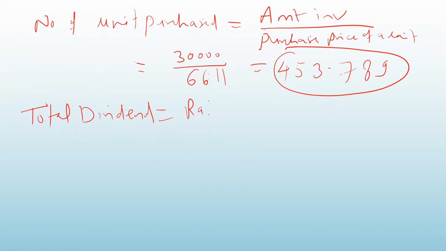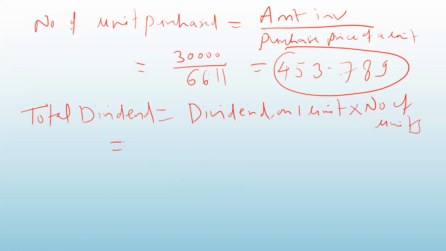So total dividend is equal to the dividend on 1 unit multiplied by number of units. See, in shares, we used to have dividend as a percentage of face value. Here dividend is per unit.